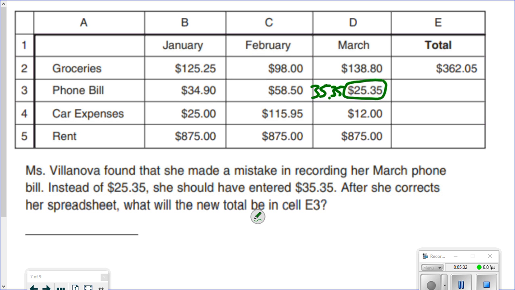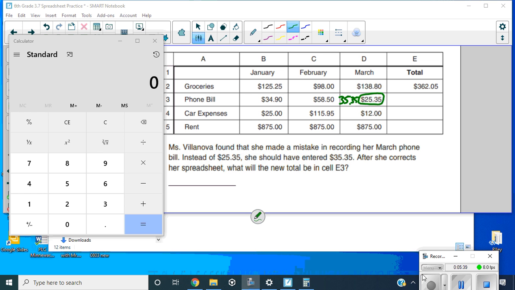Well, we have to figure this out. Let's go ahead and grab a calculator here to speed things up. So the new total, we're going to add up these numbers.